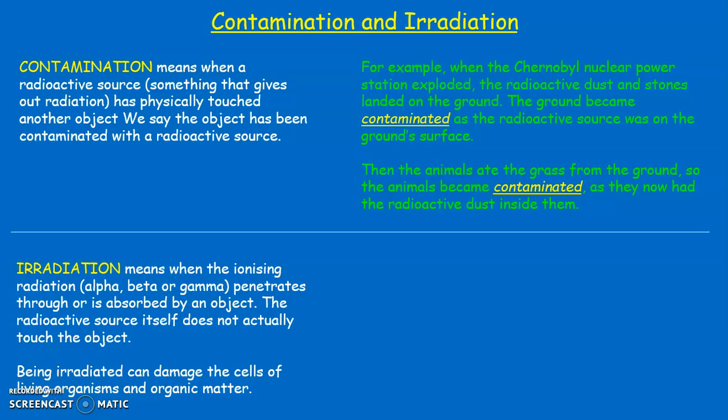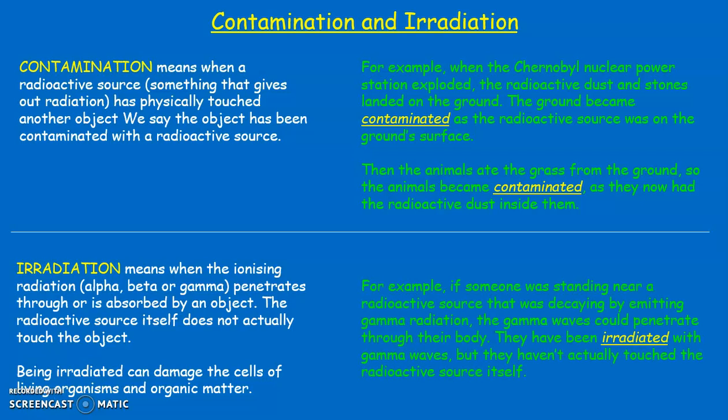Being irradiated leads to the damage of living organisms, or it leads to the damage of organic matter such as food. Here's an example. If someone was standing near a radioactive source, and the radioactive source was decaying with gamma radiation, the gamma waves would penetrate through their body. We say that person was irradiated with gamma waves. They're not contaminated because they haven't actually touched the radioactive source.